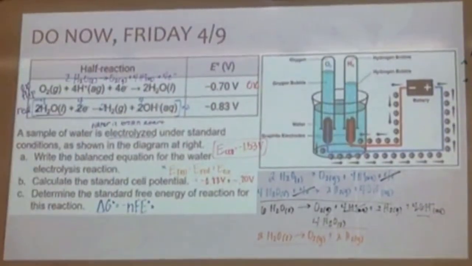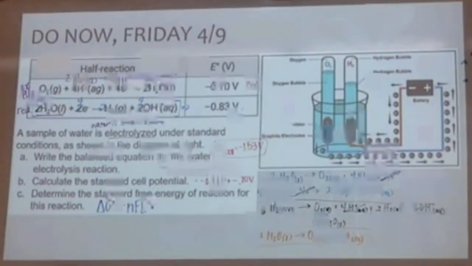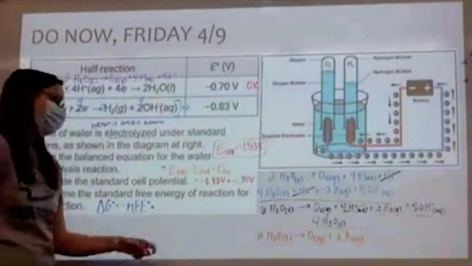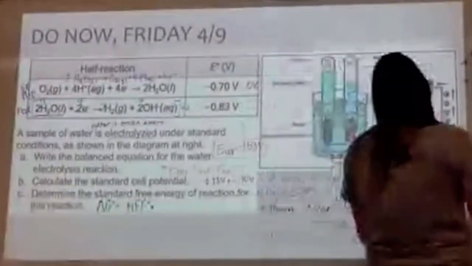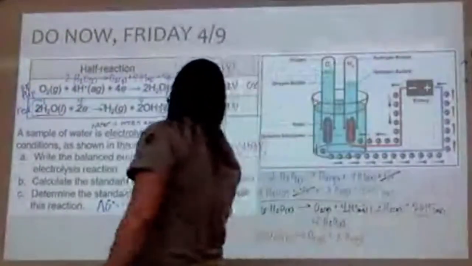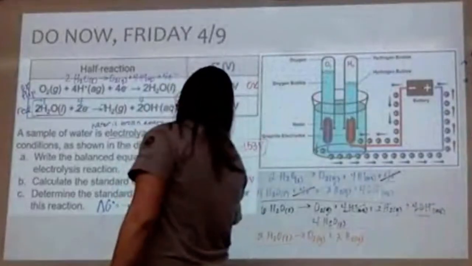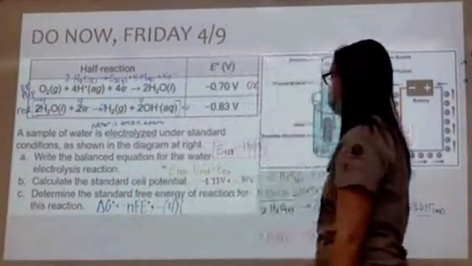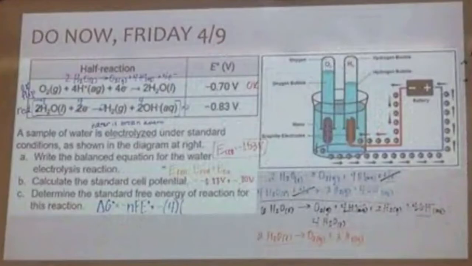That is the number of electrons that you crossed out in the half reactions. The number of electrons we crossed out in the half reactions was 4. We made them both equal to 4. So negative 4. F is Faraday's constant. That is also on your equation sheet. You do not have to memorize Faraday's constant.